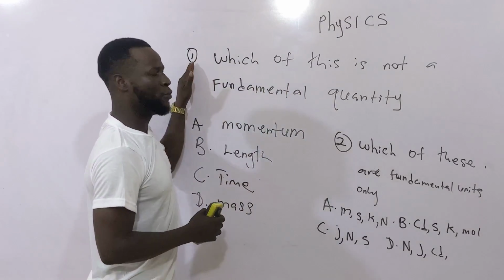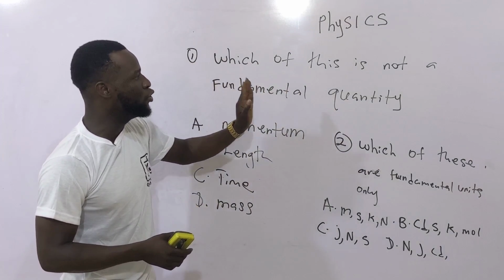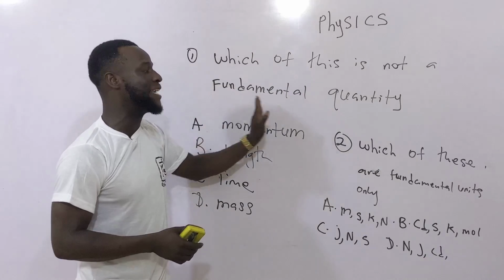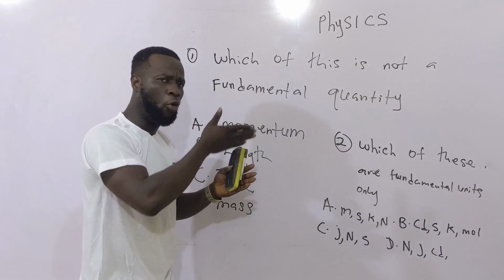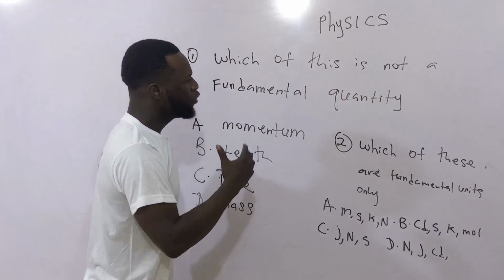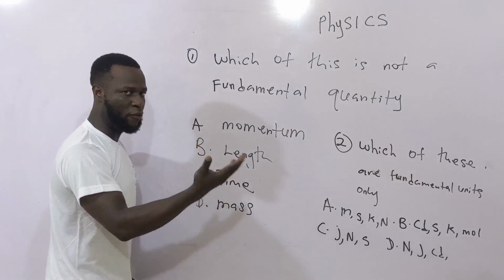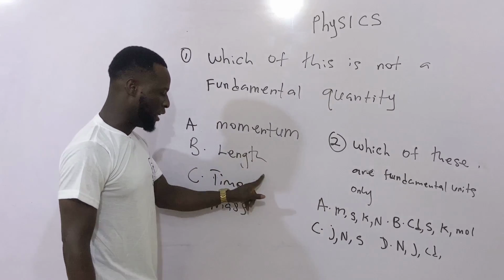In this first question, question number 1, it says, which of these is not a fundamental quantity? In my mind, I know the fundamental quantities as well as their SI units. Option A, momentum. Option B, length.